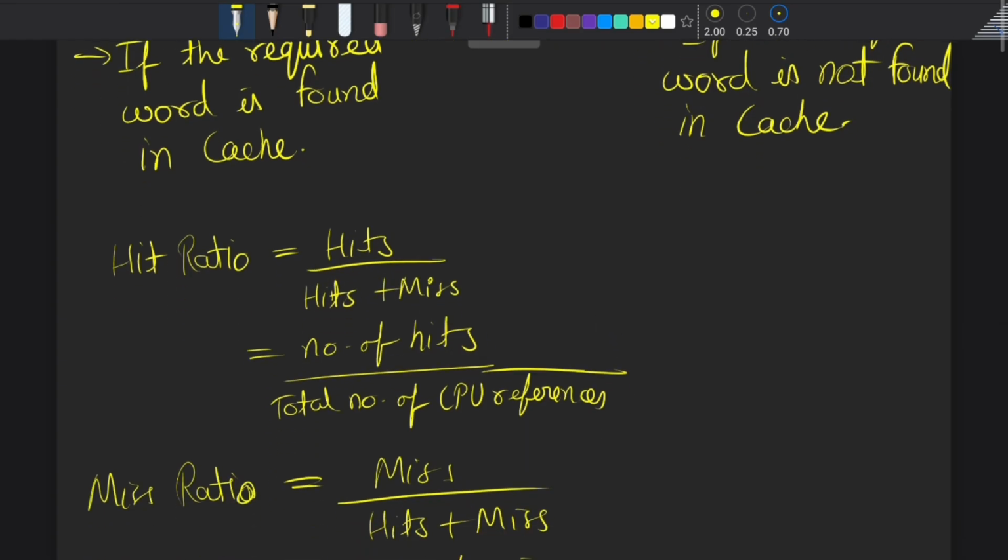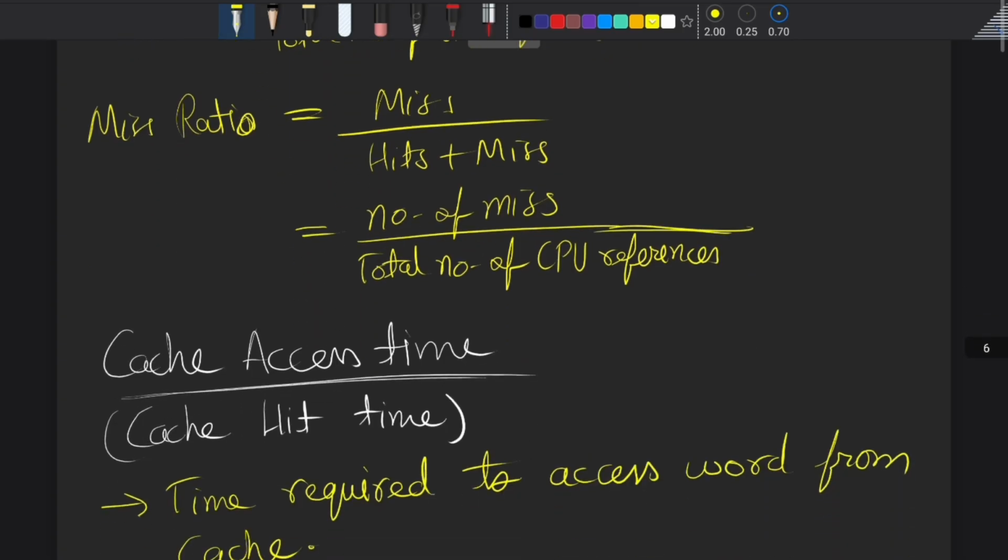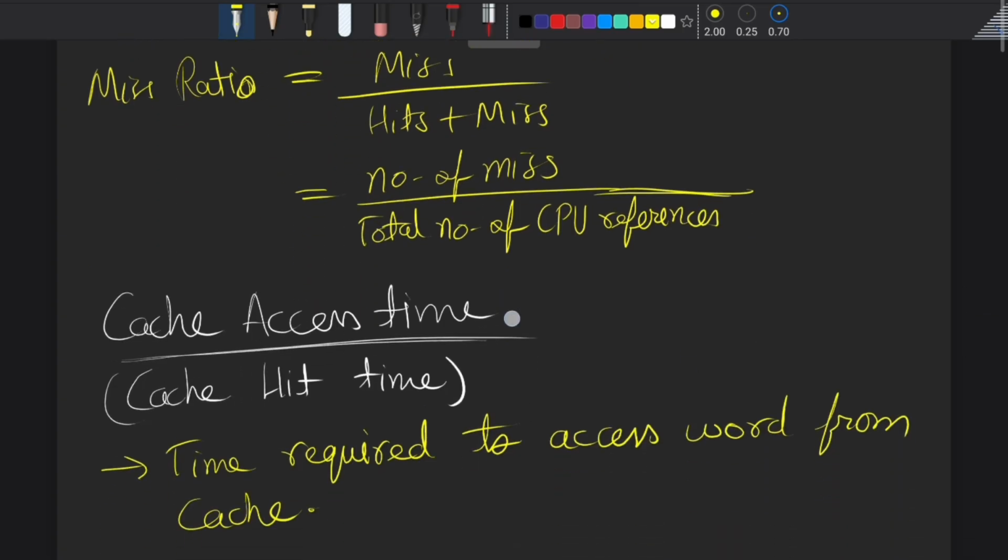Similarly, we can define the miss ratio as total number of miss upon total number of hits plus total number of miss, or we can also define it as total number of miss divided by total number of CPU references, as we did in the case of hit ratio. Now there is another term known as cache access time.